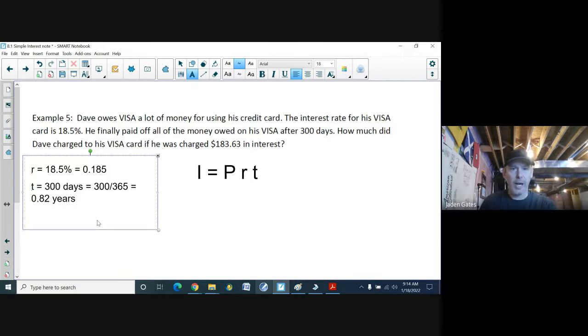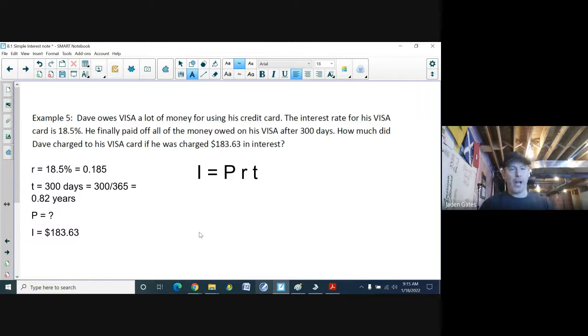All right, next sentence. How much did Dave charge to his Visa card if he was charged $183.63 in interest? So we're trying to find out how much he borrowed. That would be your principal. And we know that he is going to pay $183.63 in interest.